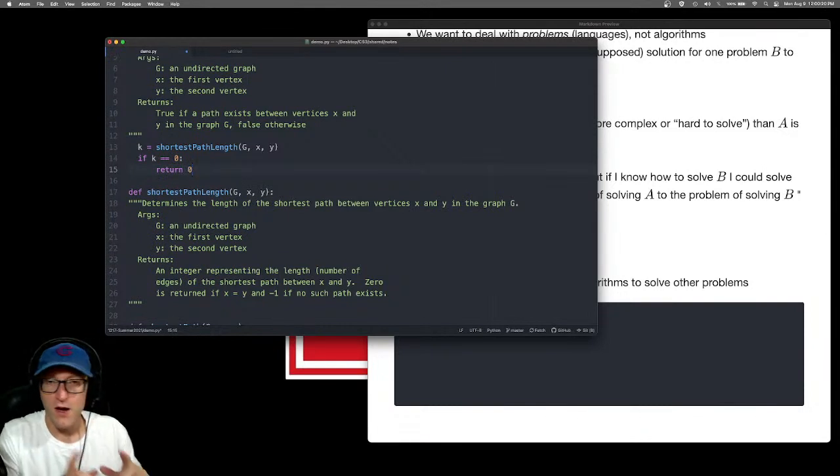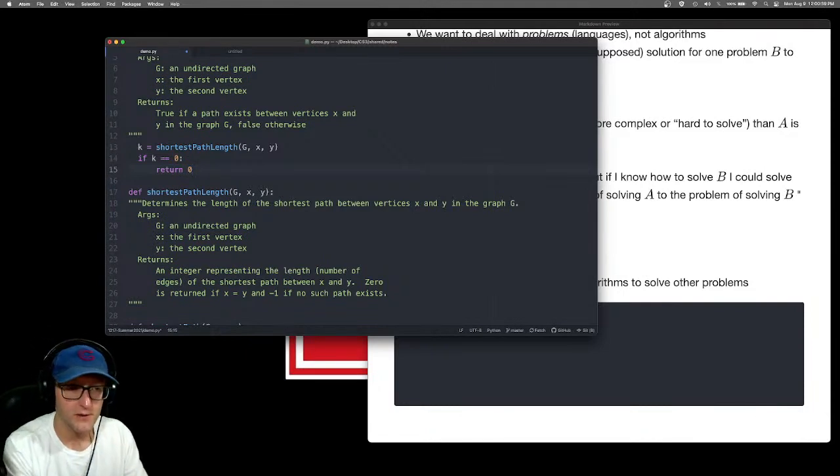Now why? It's because x and y are the same nodes, and so I could have made this check up front instead of calling shortest path length, and that means that they are connected because they're the same thing. If you're at x and you want to get to y and y is x, just stay where you are, right? So return true.